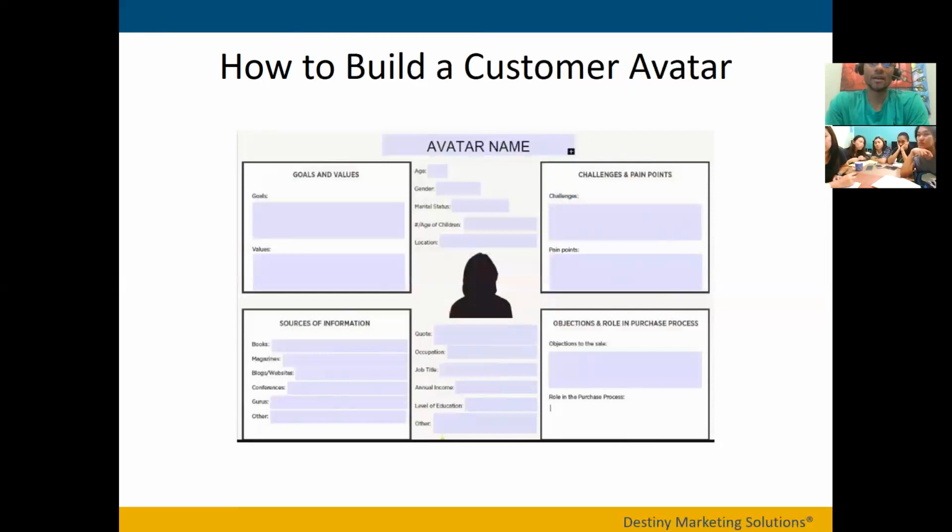And really the idea here, guys, is that you want to create this profile and you want to know the person that you're writing for, that you're targeting your website to, like the back of your hand. That way you know the type of content topics that they're going to really like to read about. You're going to know their pain points and their challenges and write content that helps answer those pain points and challenges.